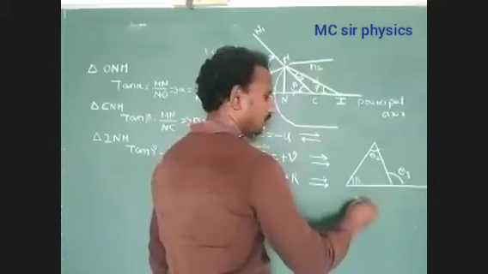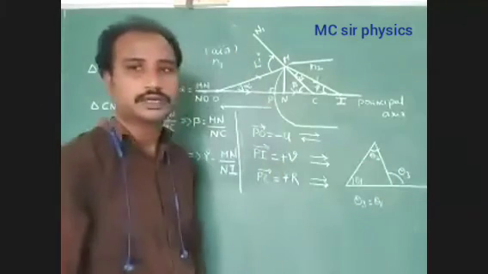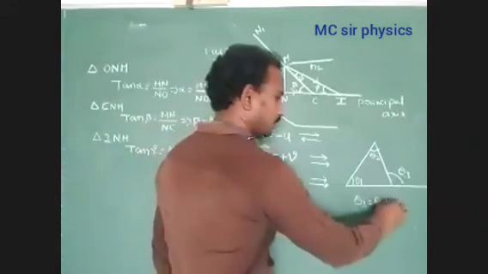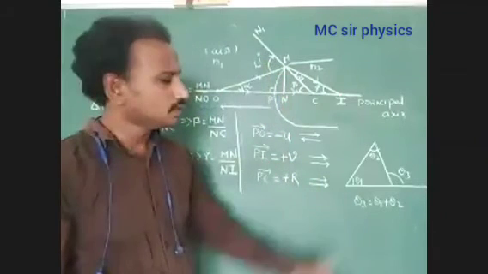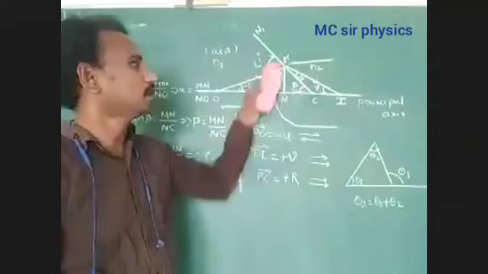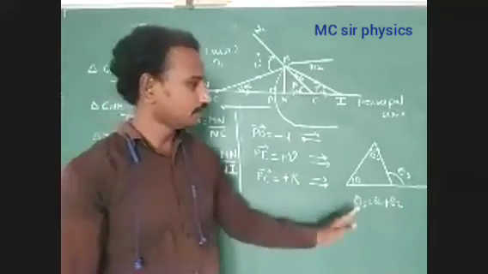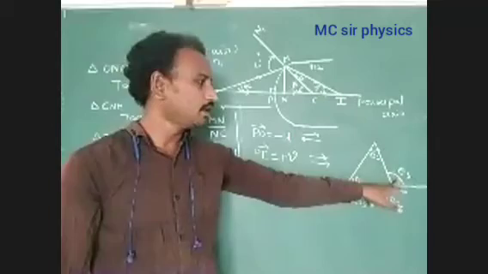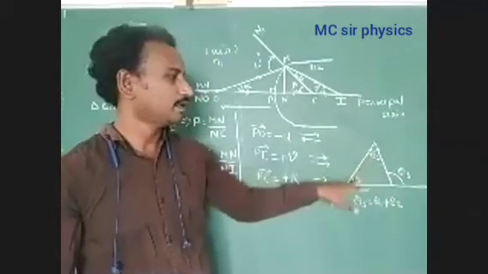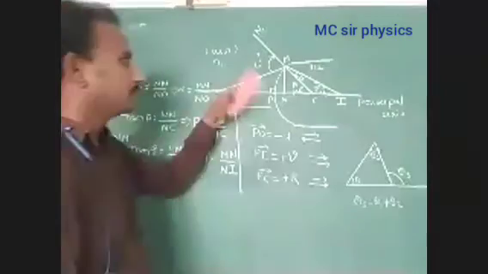So theta 3 equals the sum of opposite internal angles of the triangle, theta 1 plus theta 2. This condition is very important for explaining image formation and the formula derivation. So theta 3 equals theta 1 plus theta 2. Understood, students? Exterior angle equals the sum of opposite internal angles of a triangle. You have to imagine that condition.